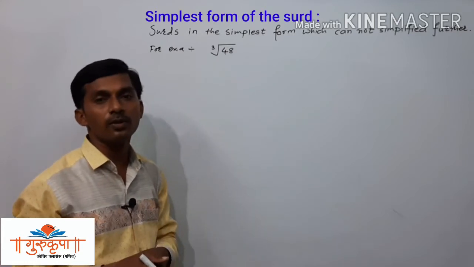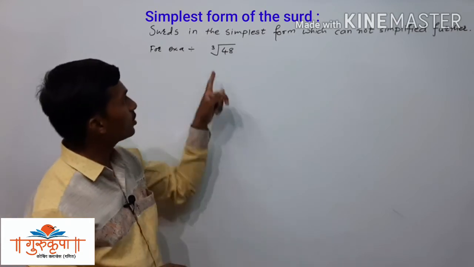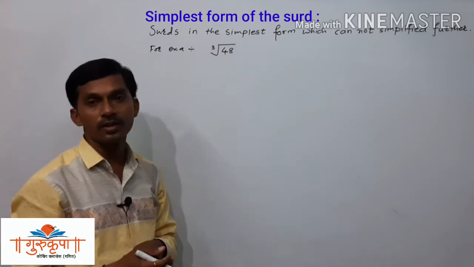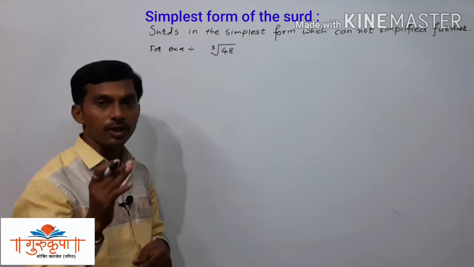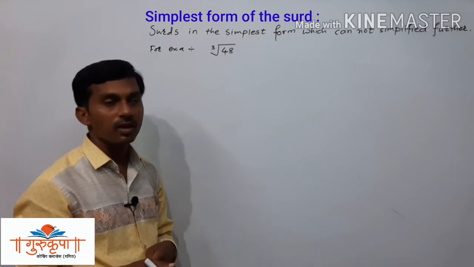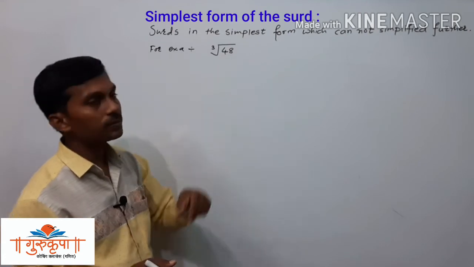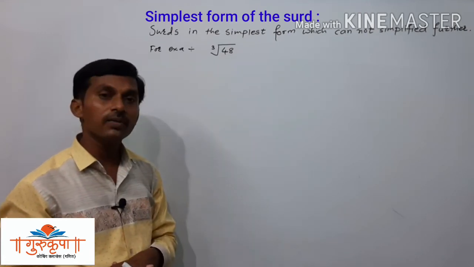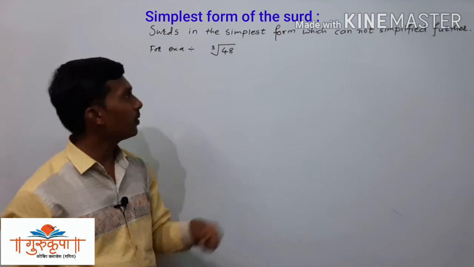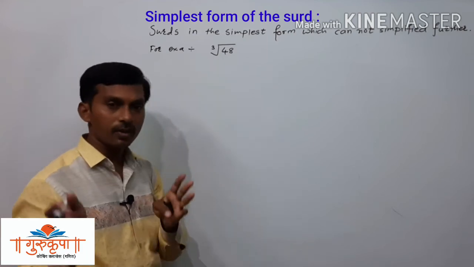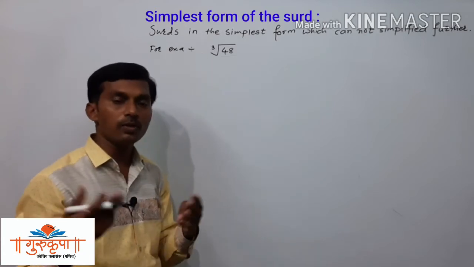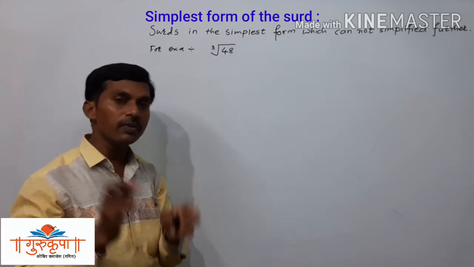Those are the factors of 48: 1 into 48, 2 into 24, 3 into 16, and 4 into 12 also. It is not possible to find the cube root of 4, and it is not possible to find the cube root of 12.